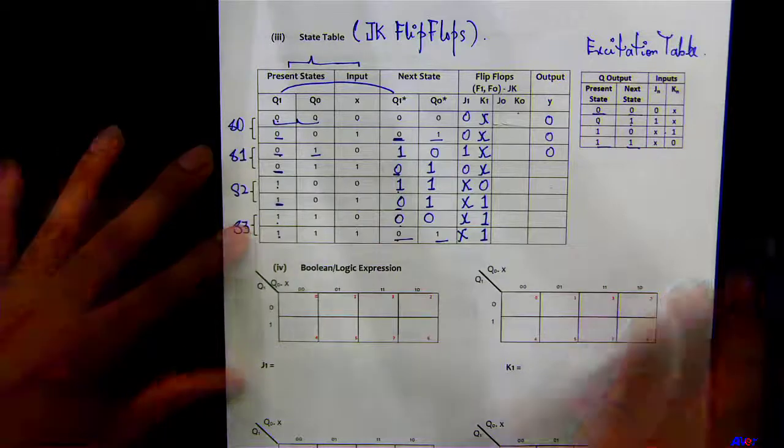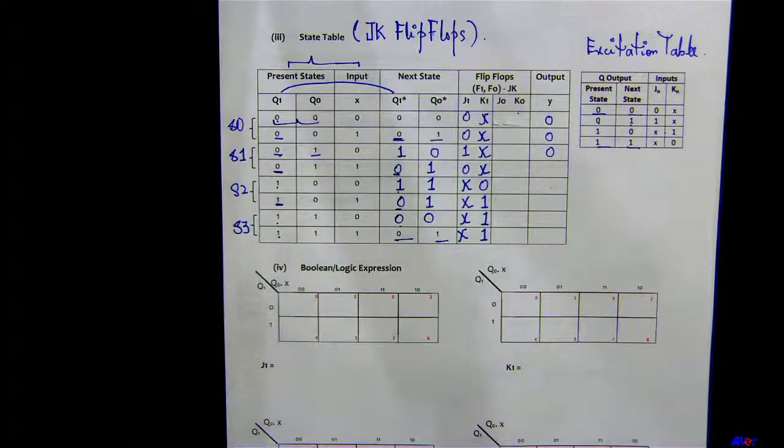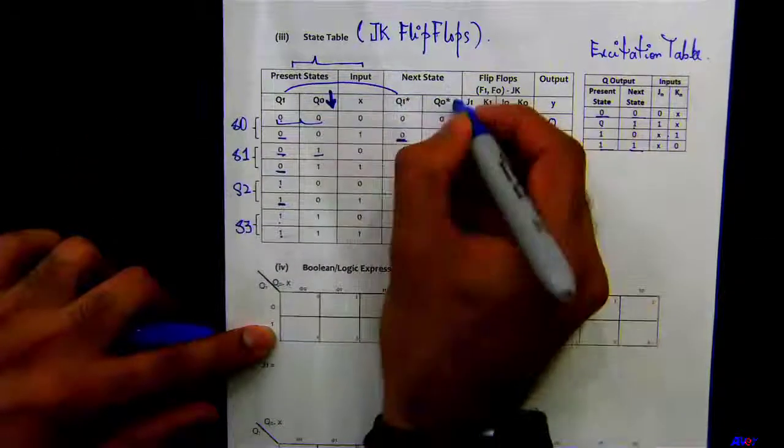Now we're going to move on to J naught and K naught. So we look at this column and then this column right here.